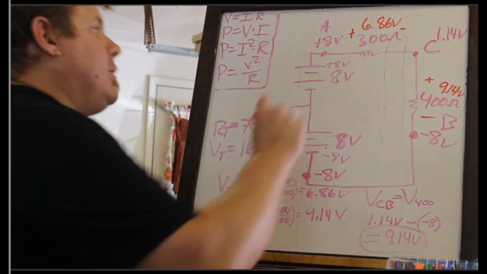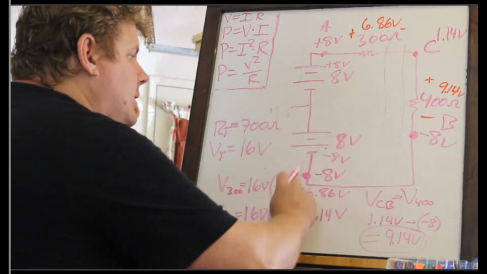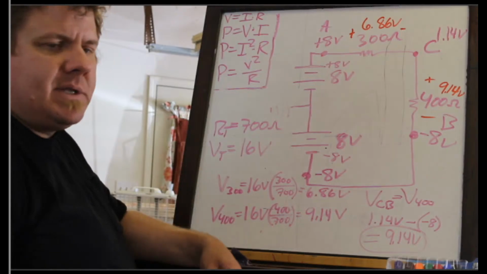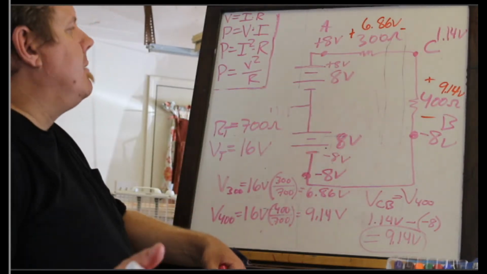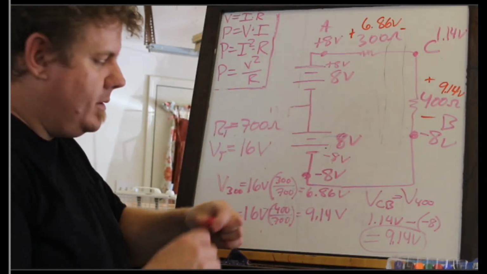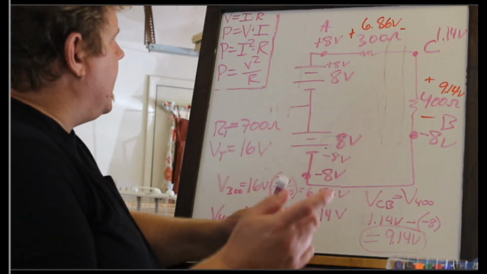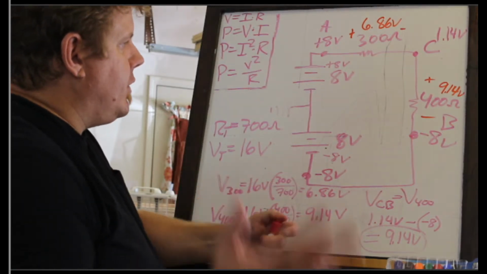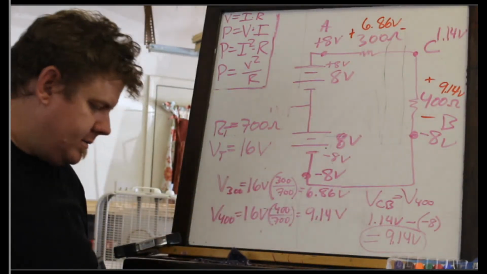However, it would not have given you the proper node voltages. Okay, so that would be the only difference. The current's going to be the same, the voltage drops are going to be the same, but the node voltages will change based on how you have your setup here. Okay, and so in both cases, it'd be 16 volts divided by 700 ohms, and that should give you your circuit current. Okay.